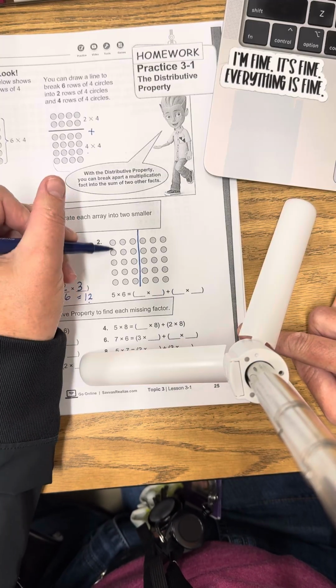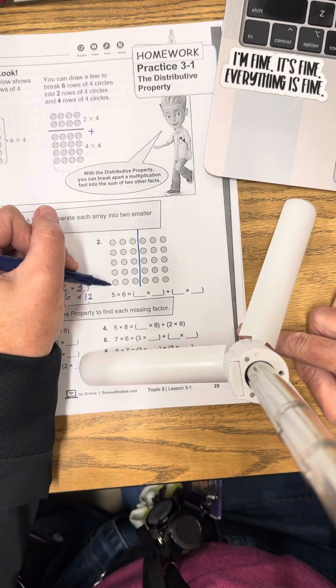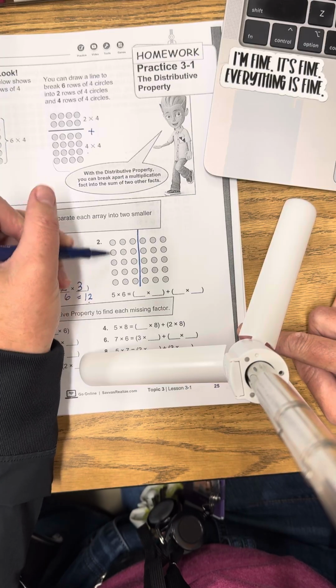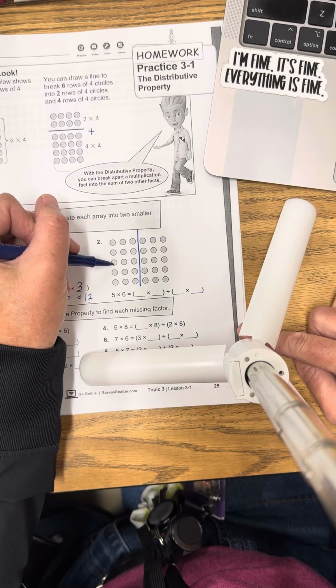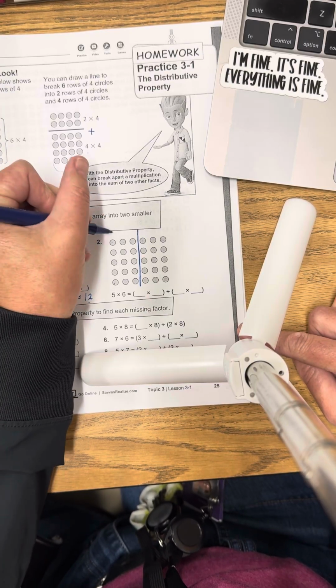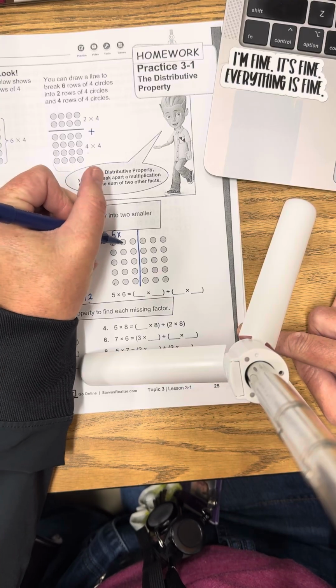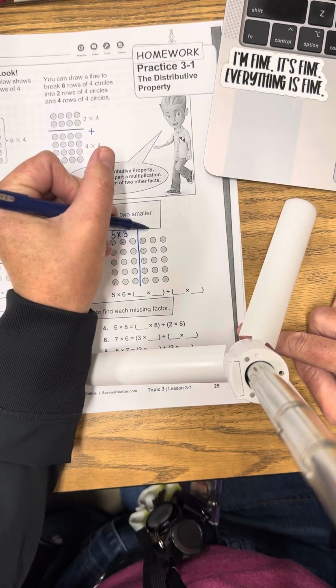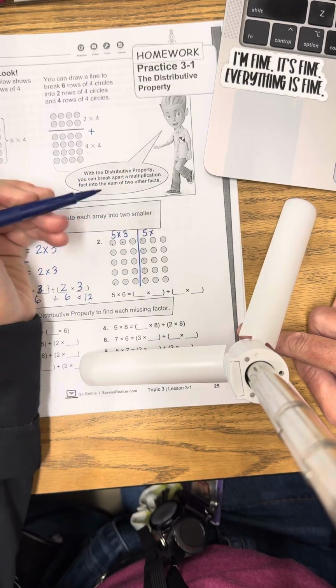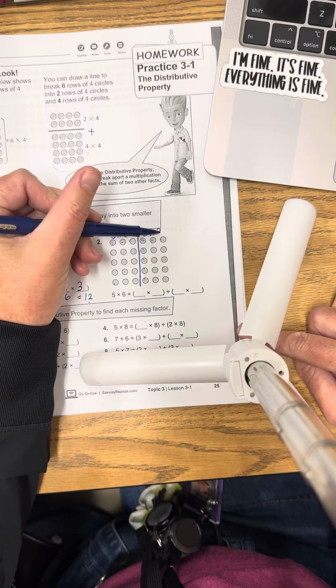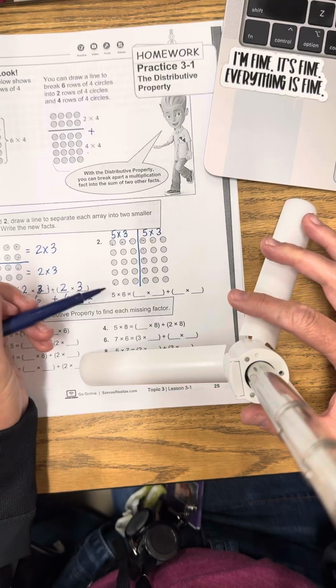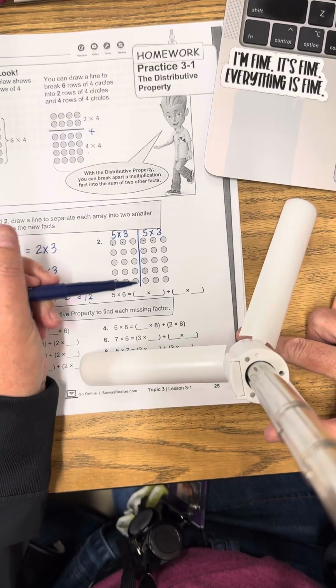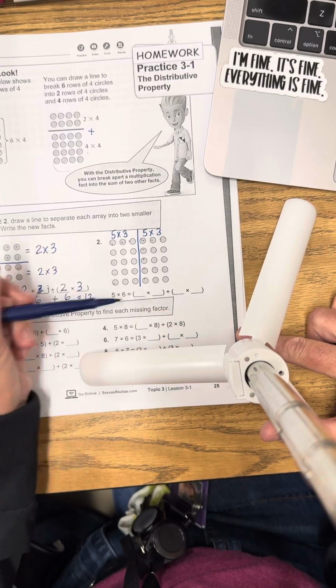What I would do is I would write a new equation for the first side of the array. This one is 1, 2, 3, 4, 5 rows with 3 in each row. And this one is also 5 rows with 3 in each row. So my new equations come down here.